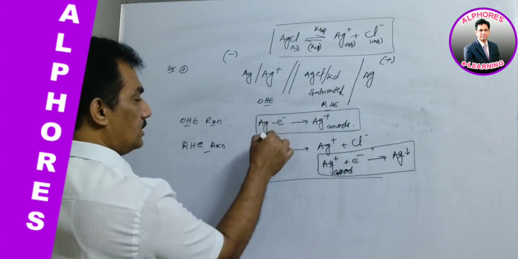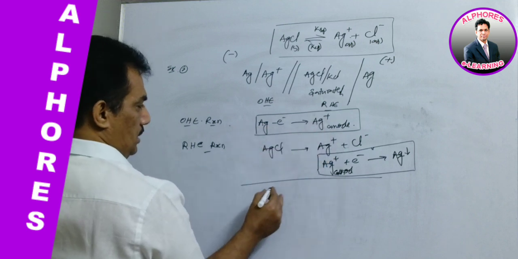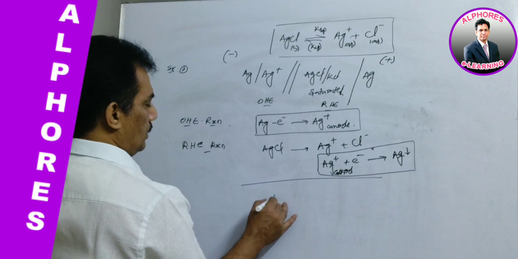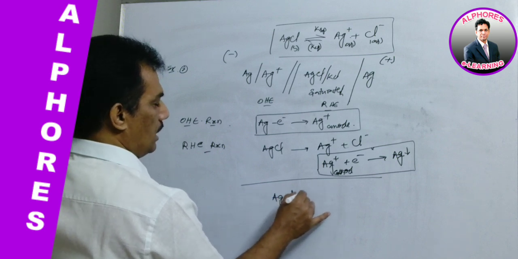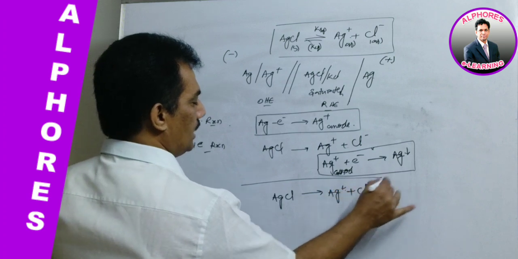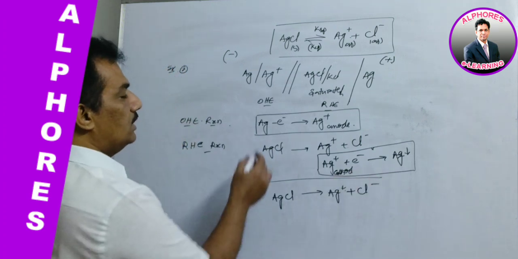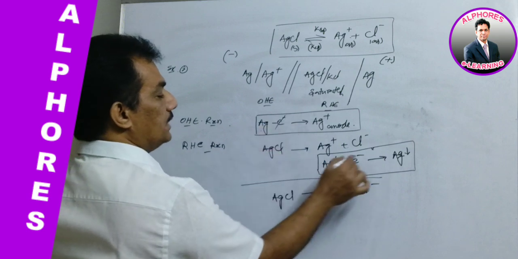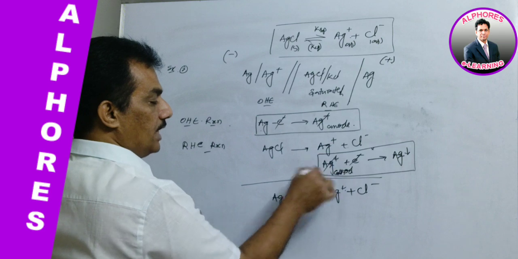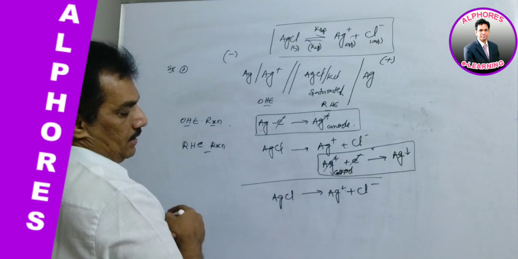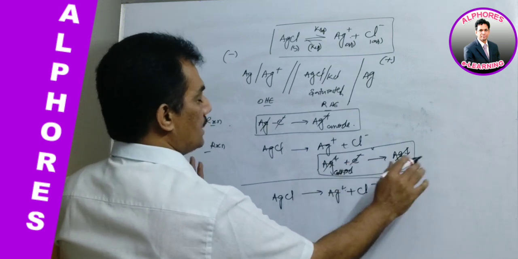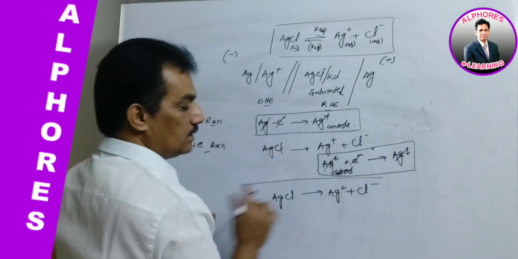When we consider this Ag and Ag plus, it appears as AgCl giving Ag plus Cl minus. How does it happen? Because this electron is cancelled with this electron, and this Ag plus of the anode is cancelled with the Ag plus of the cathode. Clear? And now this deposited Ag, these two cancel. Now only this reaction appears here.